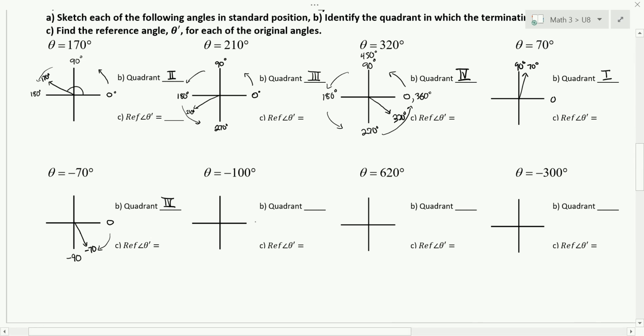So negative 100 degrees. Here's 0, going in the negative direction, negative 90. Here's negative 180. And so negative 100 is going to be close to the negative 90, but in quadrant what? Quadrant 3. Okay. How about 620? What quadrant are you finding that in? Okay. So which way do I go? Clockwise or counterclockwise? It's positive. So I'm counting by 90.